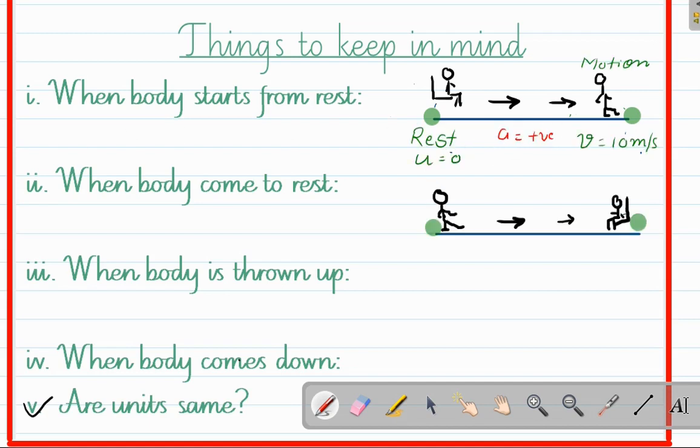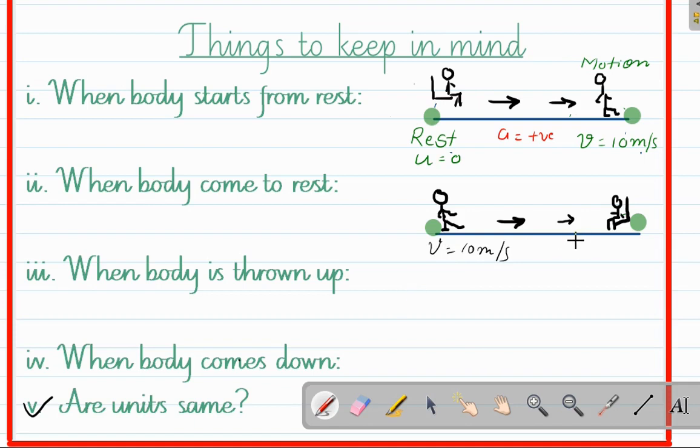Similarly, there can be another case: if it is given in the question that the body is coming to rest, but before it was in motion. For example, in this picture our boy is walking, so he is already in motion and has some velocity. Let us consider his velocity is again 10 meter per second.